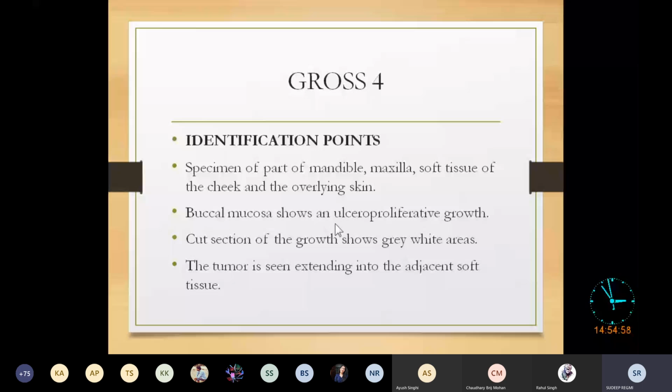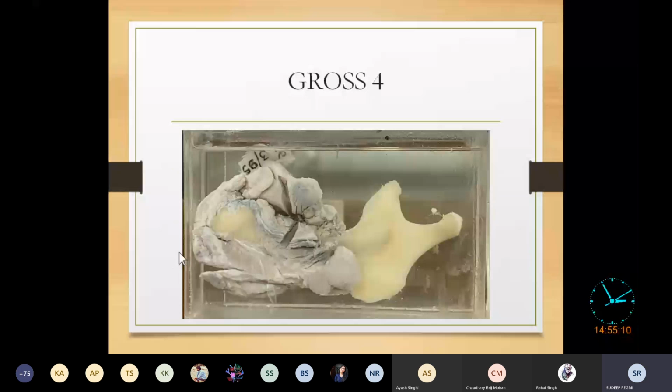And the cut section of the growth shows gray white areas, and the tumor is seen invading into the adjacent soft tissues. Okay, you can see here. Yes, this is ulcero-proliferative growth, and it is extending into the soft tissue.